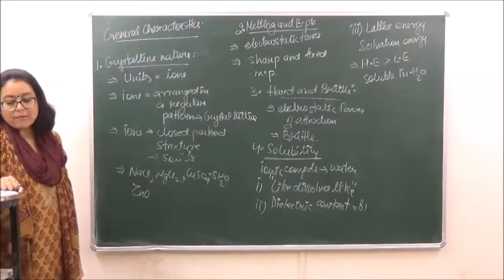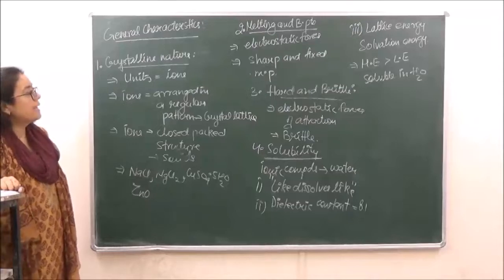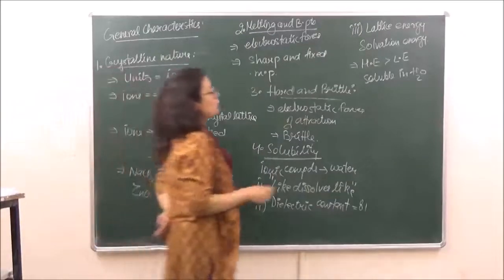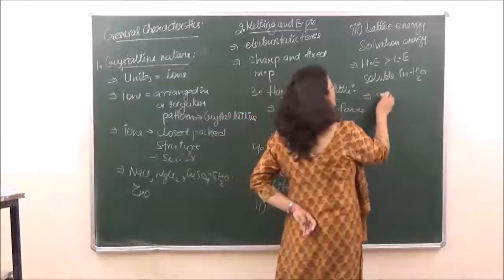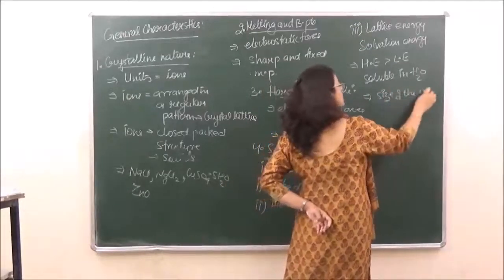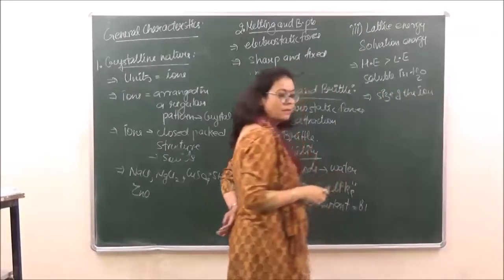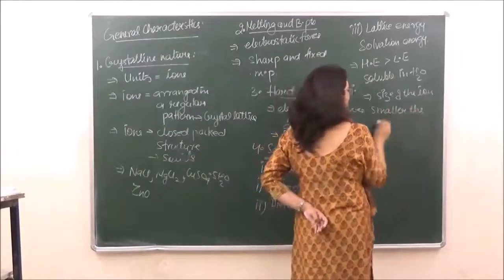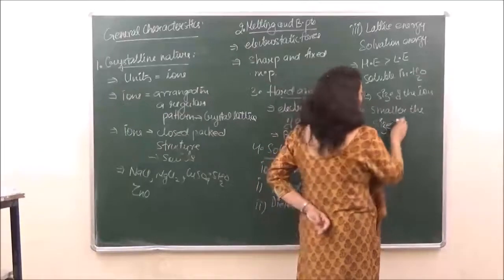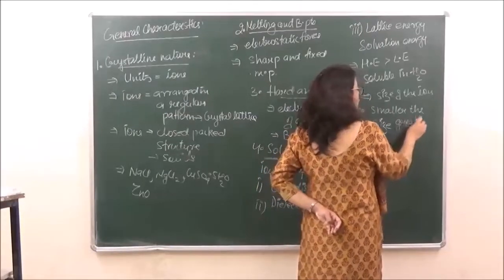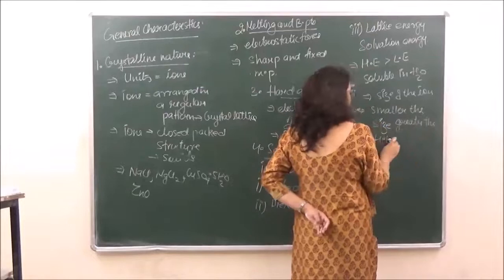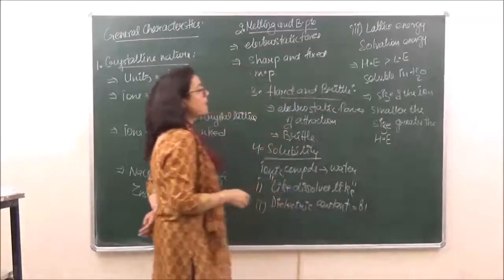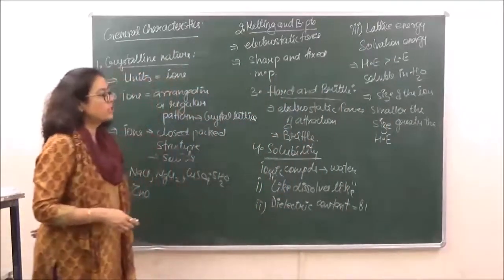We say that the value of hydration energy depends upon the size of the ion, right? Smaller the size, greater is the hydration energy. Okay, smaller the size, greater is going to be the hydration energy.